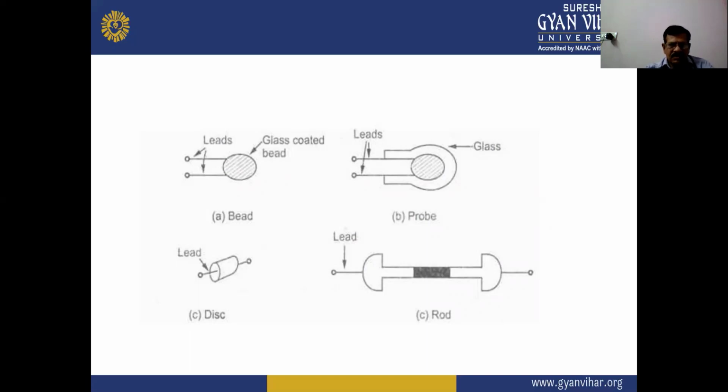The C type is the disc type, and the D type is the rod shape. So these are the different shapes of the thermistor device.